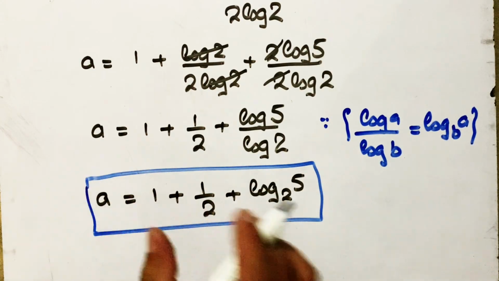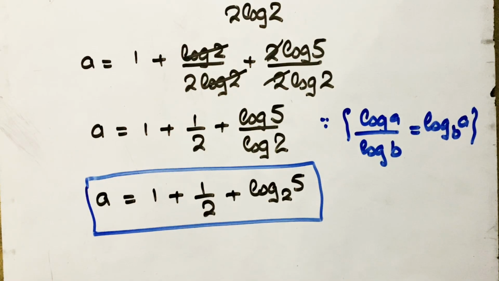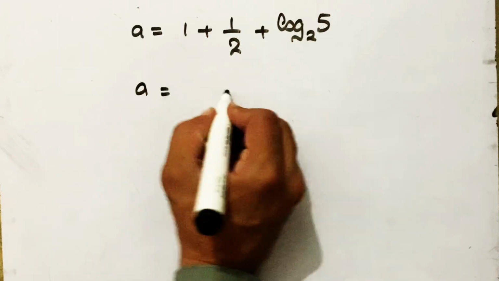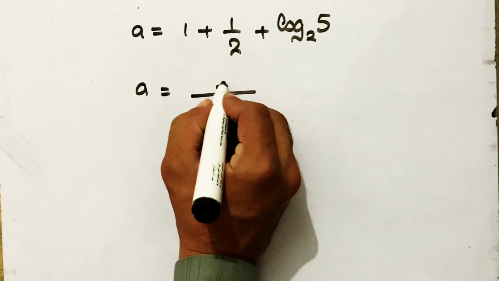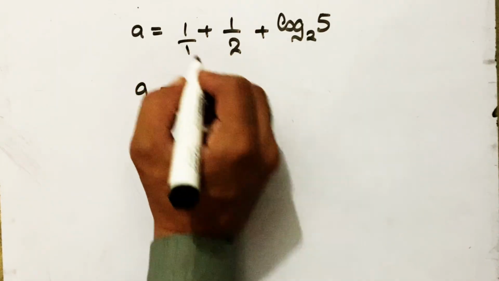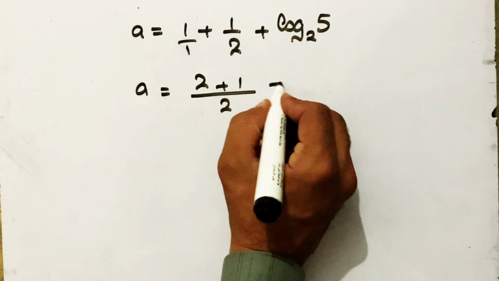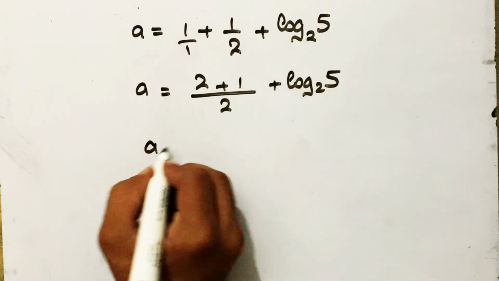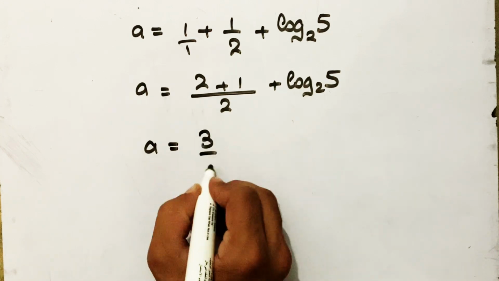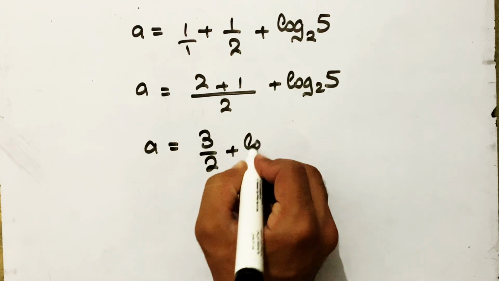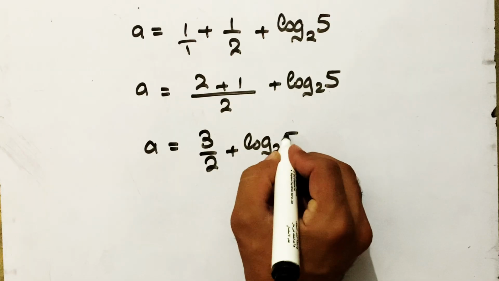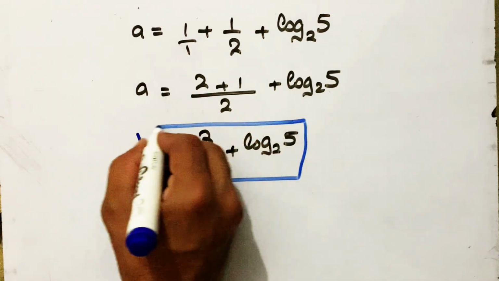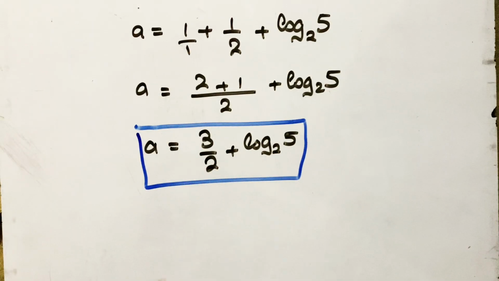Now let's verify by putting it in the main equation. If I further solve this, take the LCM: 2 plus 1 becomes 3 by 2 plus log base 2 of 5. So a equals 3 by 2 plus log base 2 of 5. Now put it in the main equation.